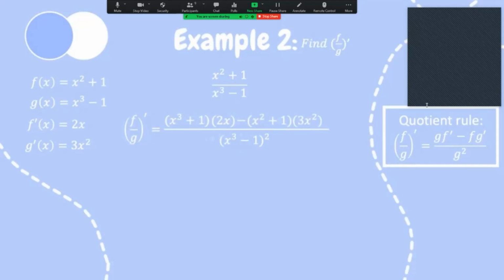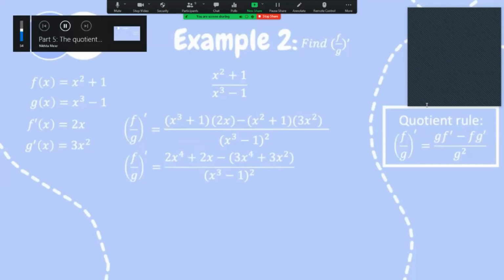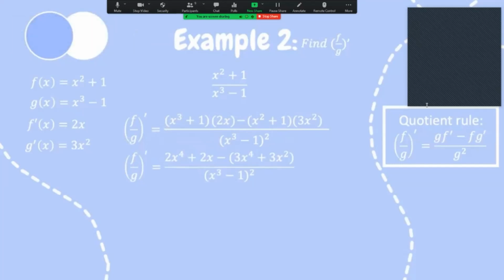Now you can multiply that out, but do not multiply out the, what's it called again, the bottom, whatever you call that. So this becomes 2x to the fourth plus 2x minus, parentheses, 3x to the fourth plus 3x squared, all divided by x to the third minus 1 squared. The denominator, that's what it's called.